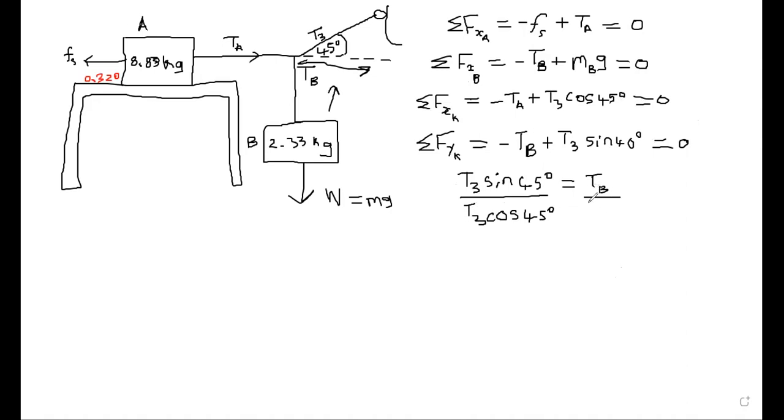And it will give us positive TA. T3 will cancel T3. But now sine 45 over cosine 45 will give us tangent 45 degrees. It's still equal to TB over TA.